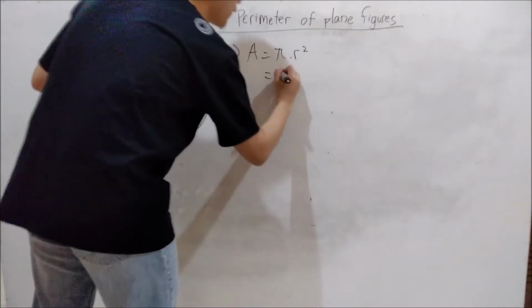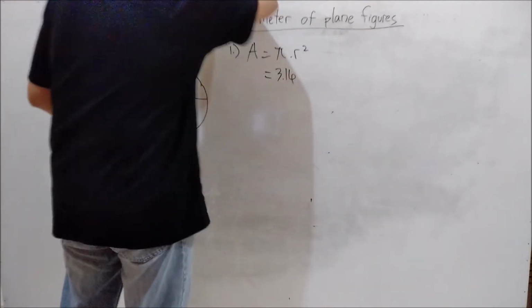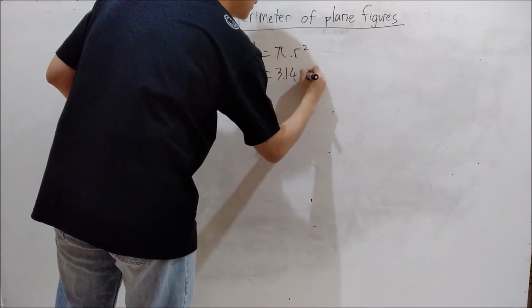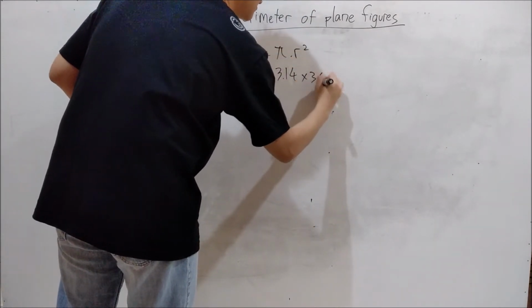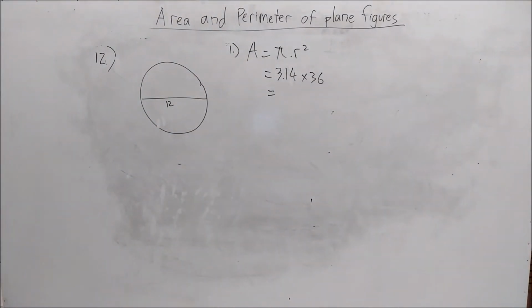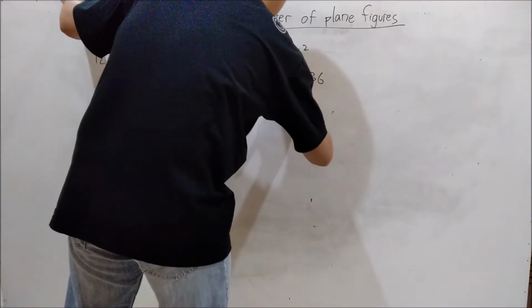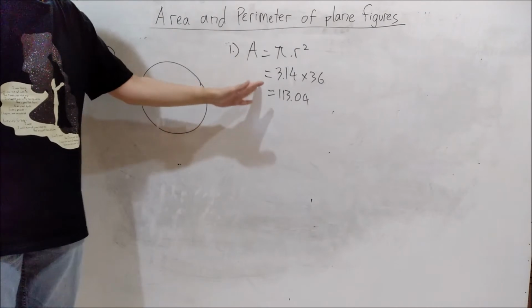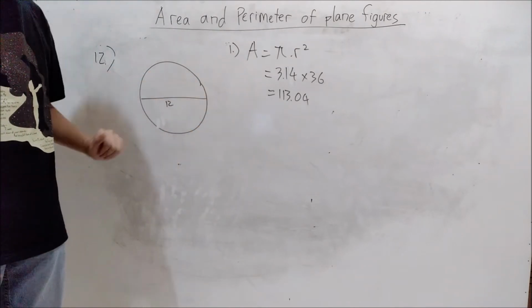I will use 3.14 times 6 square. 6 square is 36, and then we will count this. 3.14 times 36 is 113.04. This is the area of the pond.